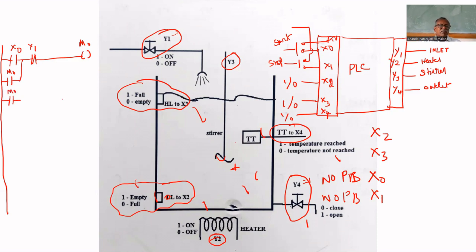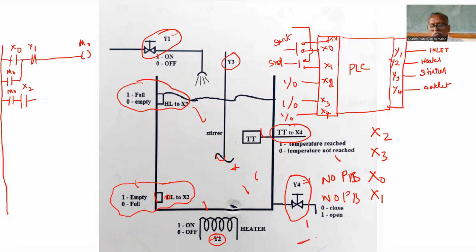Now we have to open this valve. Before that, what all has to be checked? Whether the tank is empty or not. For that, X2 will give 1. So you put M0, meaning the program is running. Then next, X2: if you put it, the tank is empty. M0 is 1, X2 is 1, then we can open the inlet valve. It is not sufficient. Whether the outlet valve is closed or not, otherwise it will drain. That's why we have to include the outlet.